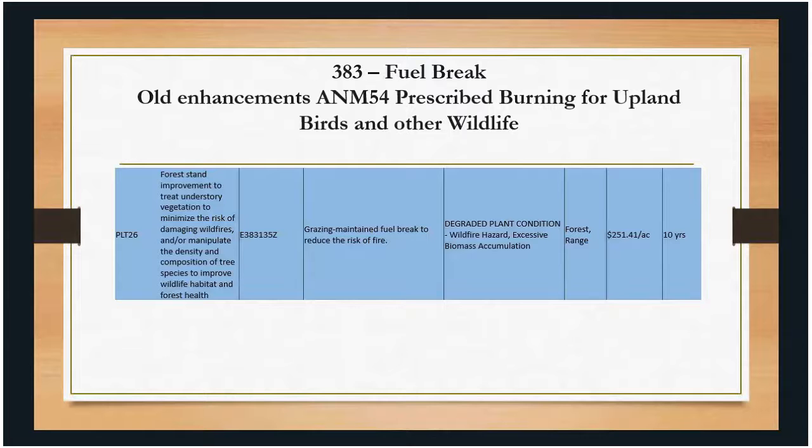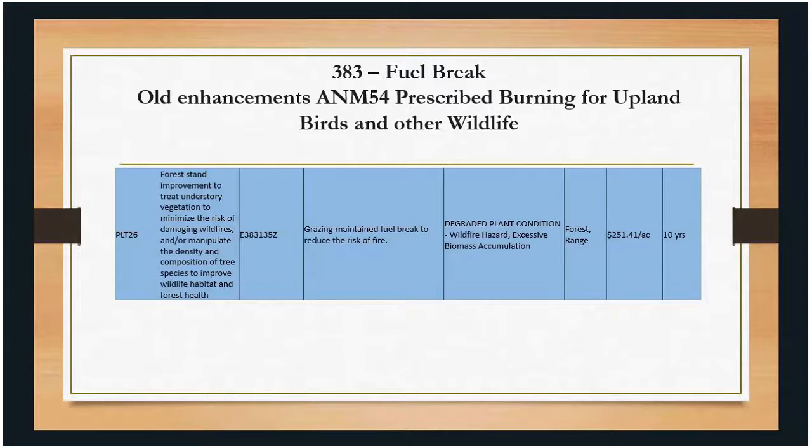The new enhancement is grazing-maintained fuel breaks to reduce the risk of fire. This is applicable on forest or rangeland. It's targeted towards the resource concern that you think a fuel break would address: excessive biomass accumulation and wildfire hazard.